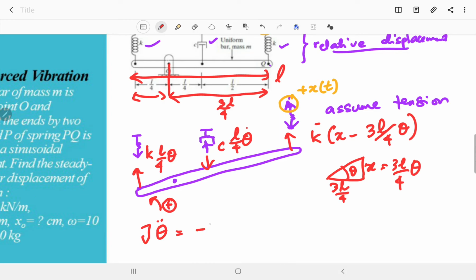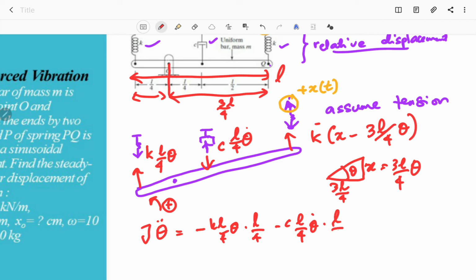So you have negative KL over 4. Don't forget, this is a force, so you have to times L over 4. And then you have this one, negative CL over 4 theta dot times L over 4.